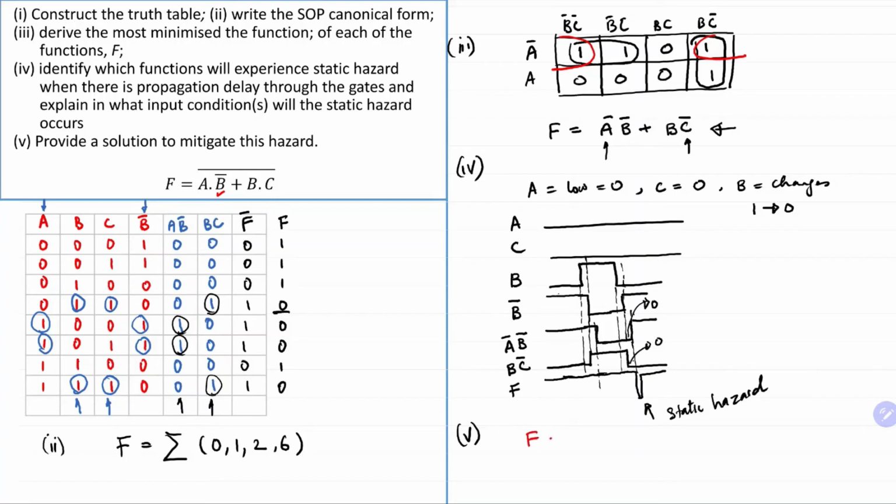And make the function equal to, so this is our original, and then we add an additional term, which is A bar C bar, and this term here will eliminate the static hazards.